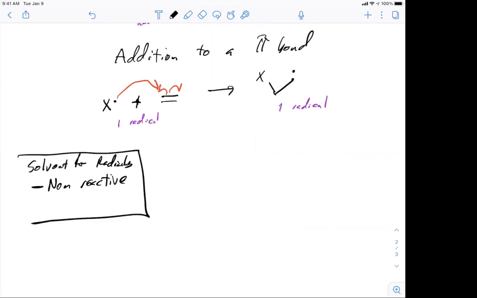A protic solvent that would stabilize a carbocation would be highly reactive with a radical. So we don't need the same stabilization as we need with our carbocations. What we're really looking for is non-reactive. And so what that ends up being sometimes is just halogenated solvents. Because if they're already halogenated, we don't have to worry about adding more halogens, right? So they're non-reactive that way.